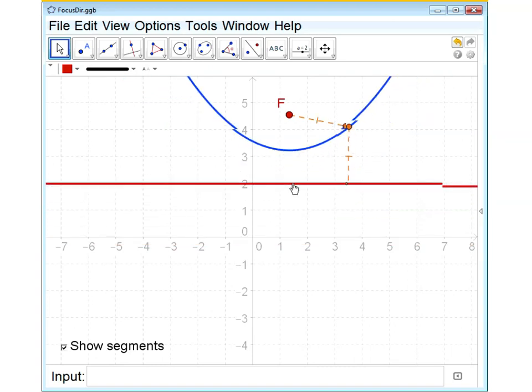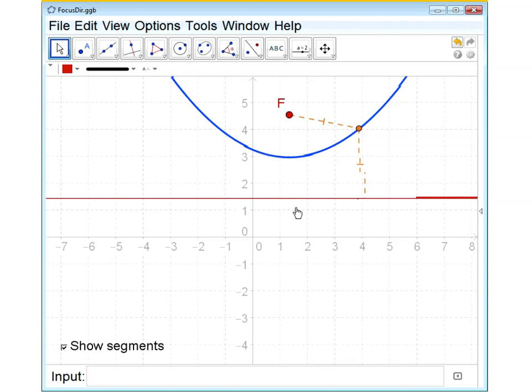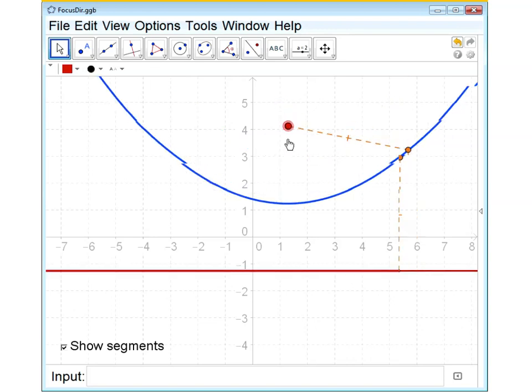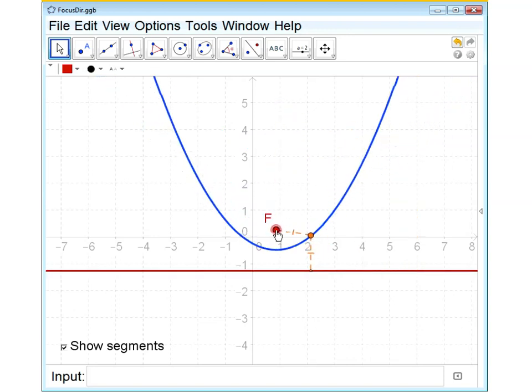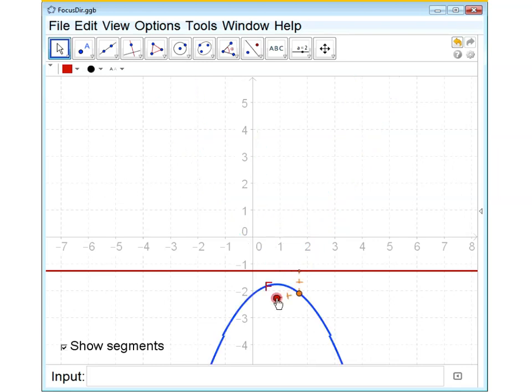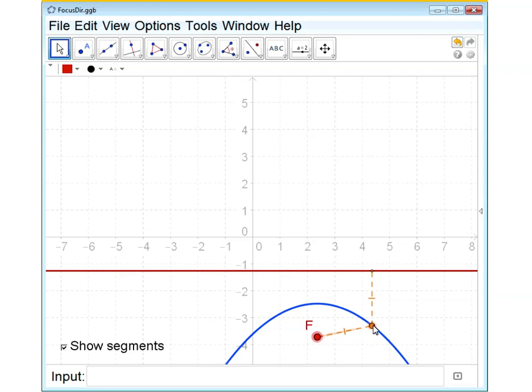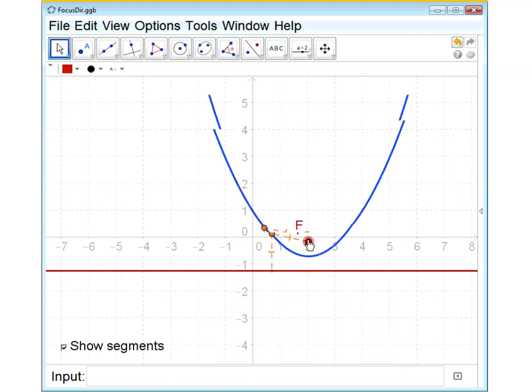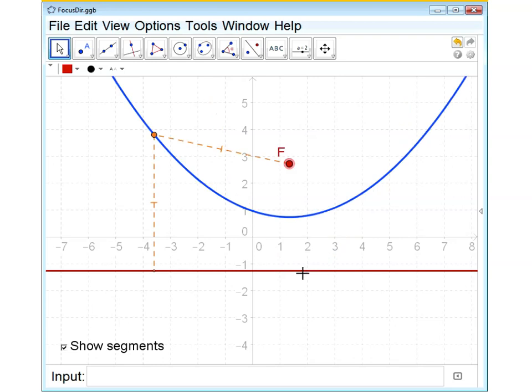Now I can also move the directrix. Right? And we see the same thing happening as when I move the focus. I can move it on the other side. And now my parabola is opening down. But notice I still have these segments, and the distance remains the same regardless of which point on the parabola I choose.